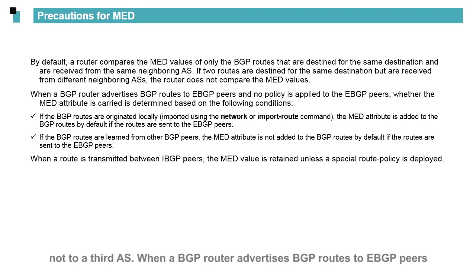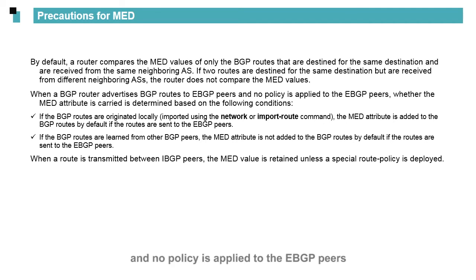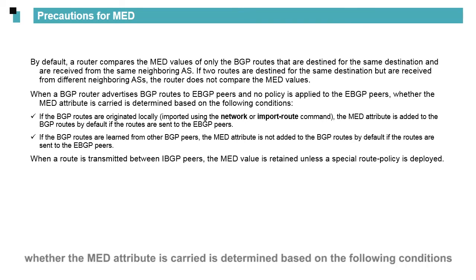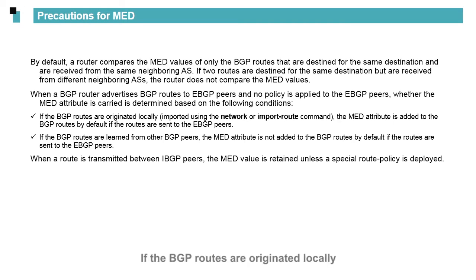When a BGP router advertises BGP routes to eBGP peers and no policy is applied to the eBGP peers, whether the MED attribute is carried is determined based on the following conditions. If the BGP routes are originated locally, imported using the network or import-route command, the MED attribute is added to the BGP routes by default if the routes are sent to the eBGP peers.